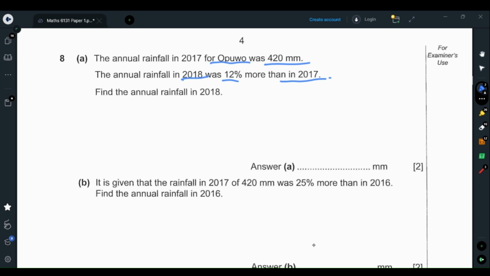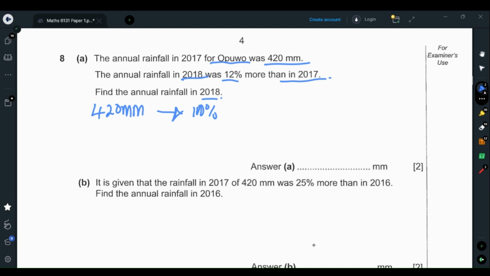Find the annual rainfall in 2018. So the one in 2017 was 420, so assuming that this was 100%, the one in 2018 was 12% more.